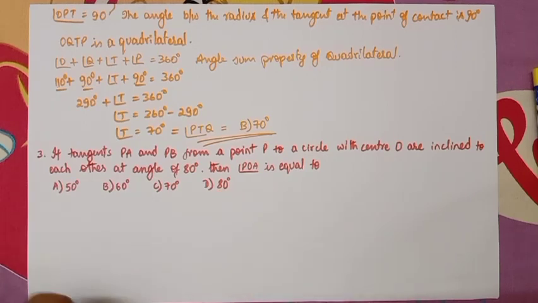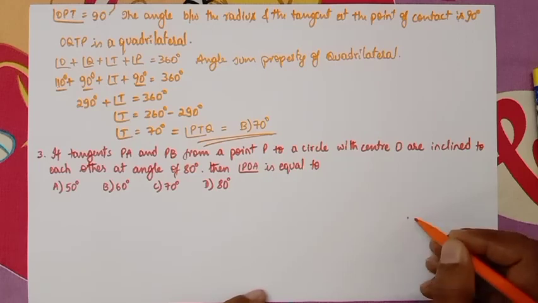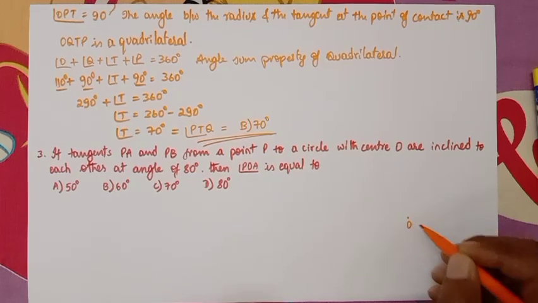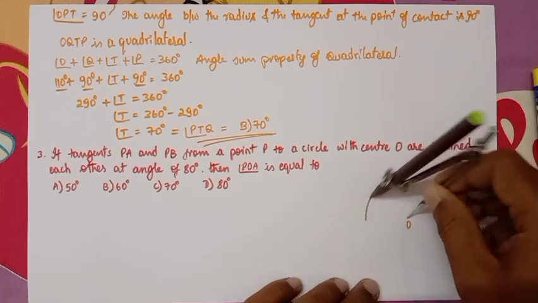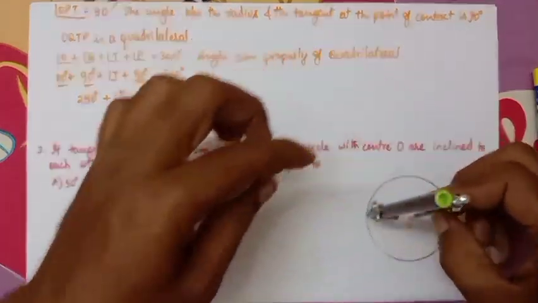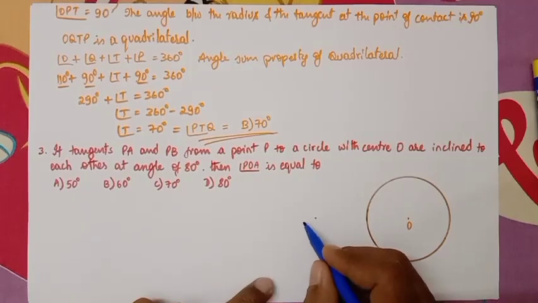To understand this problem, let us construct a rough sketch of this one. The center is O. So with this center, let me draw a circle. And it is clearly told that P is the point.